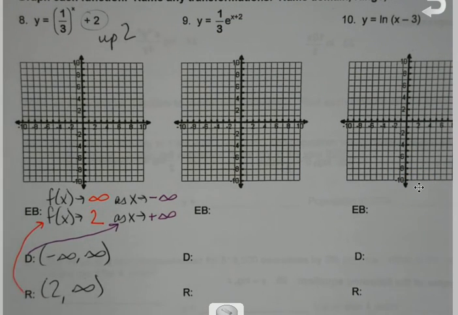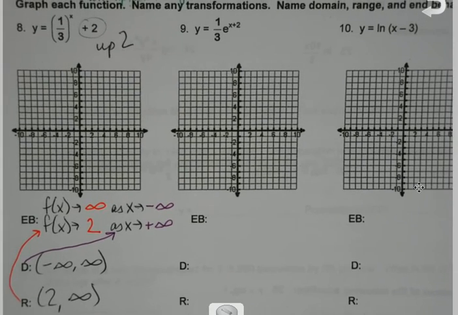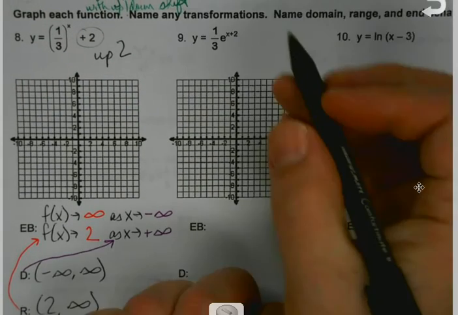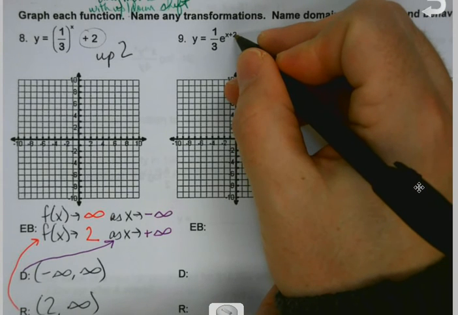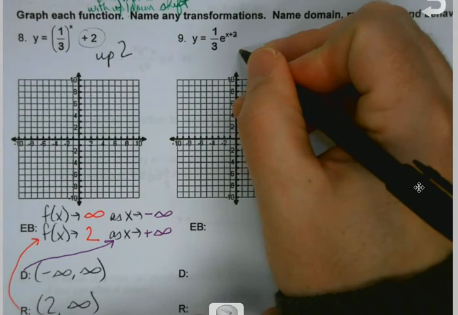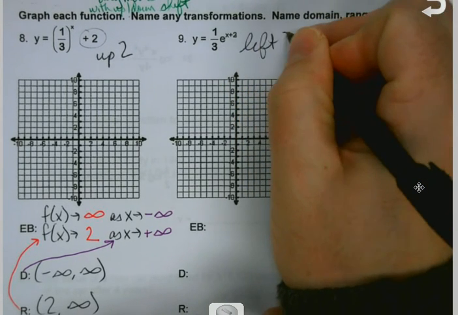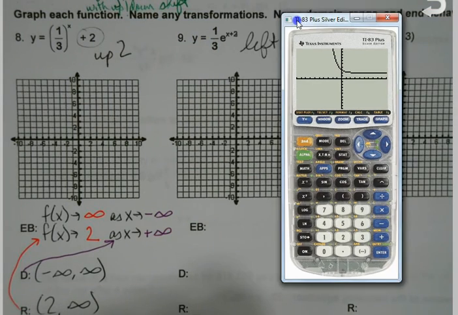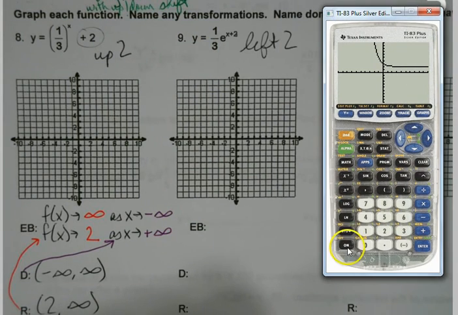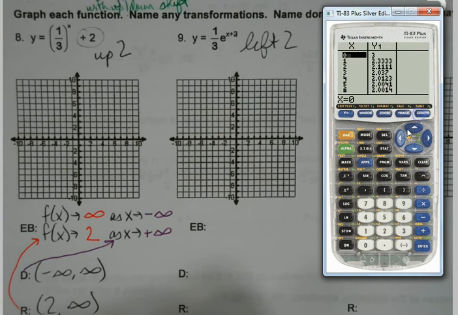Now as I do these other ones, these are a little different. Again, transformation, same thing. Up here, what's that +2 in the exponent going to be? Left 2. So again, I can go to the calculator. You're like, Harty, you never graphed on the last one.